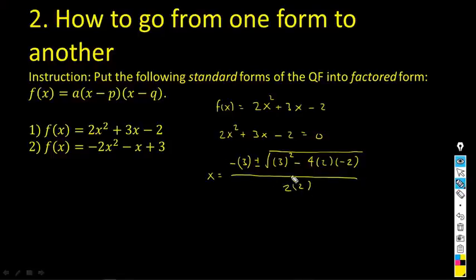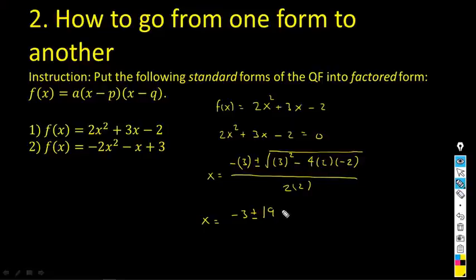Okay, so we have all of this stuff. Now simplify it as much as possible. Let's go. Minus 3 plus minus the square root of 9, and then all of this, from this minus all the way up until the end, that's going to be equal to 16, right? Plus 16. All of this thing, that's going to be plus 16.